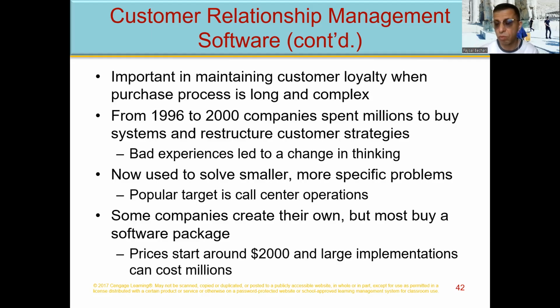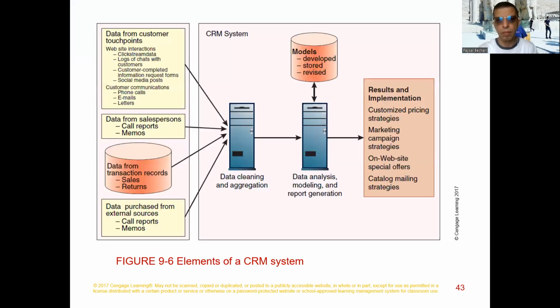Some companies create their own, but mostly buy a software package like Salesforce. The price starts between $2,000, and a large implementation can cost millions, like BMW and Ford, which use Oracle CRM applications. This is how it looks. It can explain the elements of a CRM system and the setup for it.